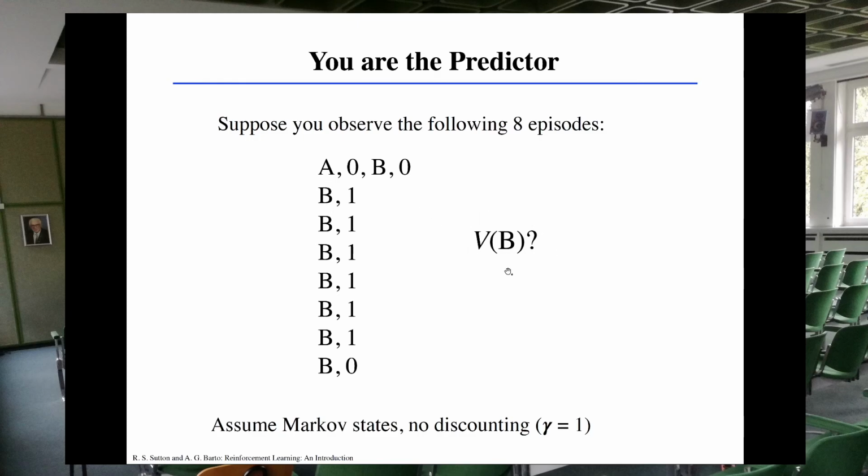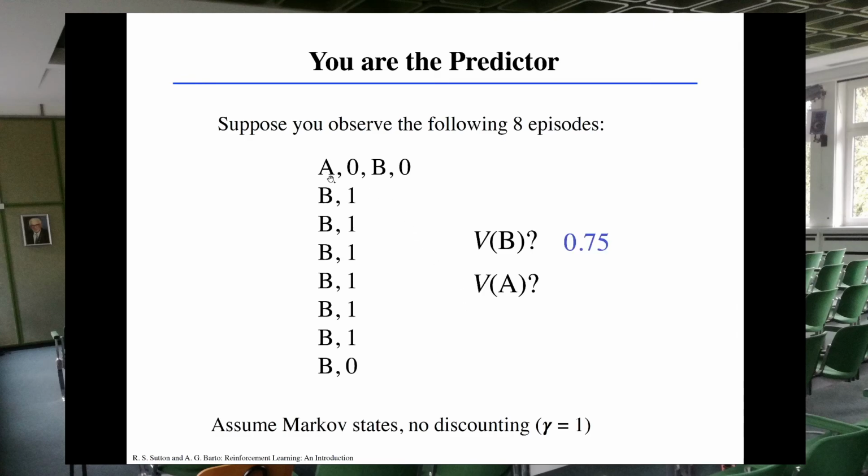So what value would you assign to B? One way to calculate this is saying, okay, after visiting B 8 times, 6 times out of 8 I got a 1 as a reward, and the remaining 2 times I got a 0. So you can calculate this to be 0.75.